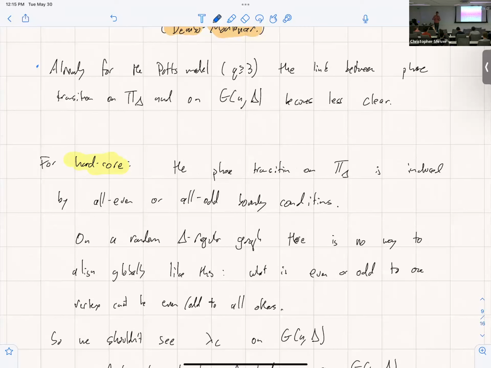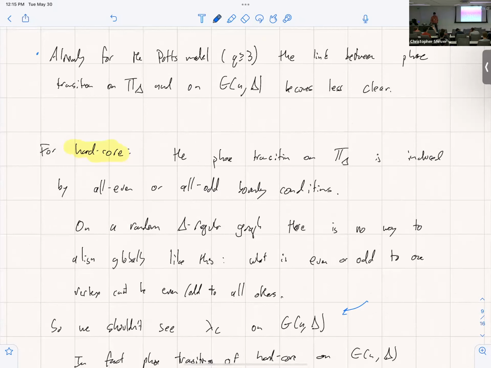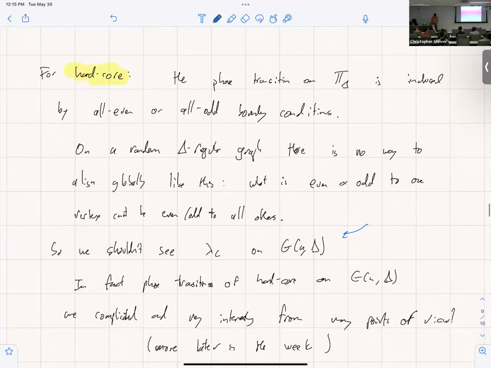But a random graph is not bipartite. There are no even and odd vertices. There's no way to globally coordinate to make these boundary conditions work. And so you can't see the same influence from the boundary that you see on the tree in this finite graph, even though it looks locally like the tree. So we shouldn't see lambda critical on the random regular graph.